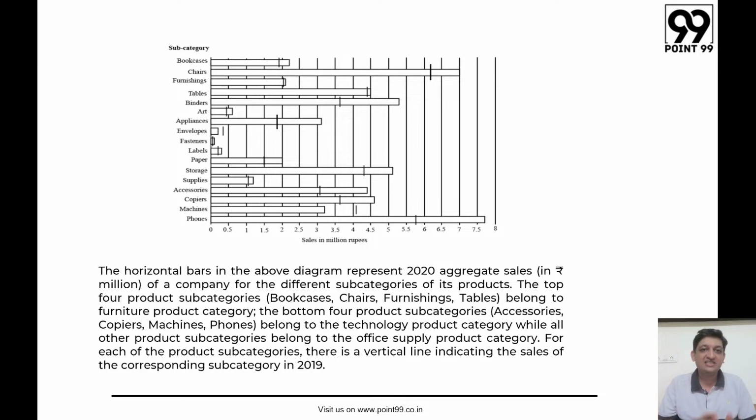There are subcategories mentioned along the y-axis, and the x-axis, the horizontal axis, is sales in terms of million rupees. These kinds of sets are generally slightly irritating because you don't really have nice boxes. Let's say we are looking at this dash. We don't know whether this dash is 6.1, 6.2, 6.15. Exactly, we don't know.